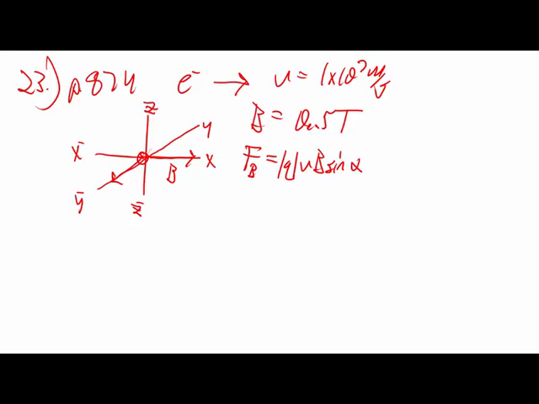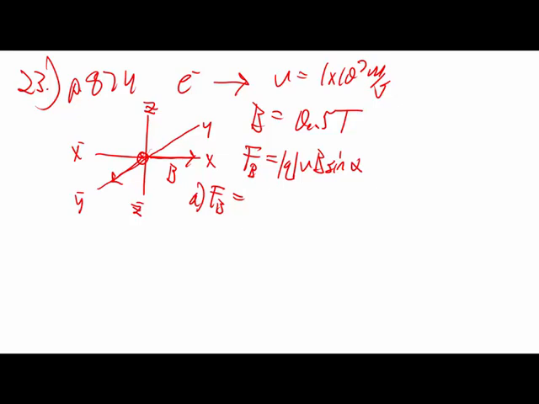Okay, now let's find it. It says for each direction? Yeah, for each direction. So let's look first at the 90-degree angle. So for part A, the magnetic force is equal to the charge. What is the charge of an electron?